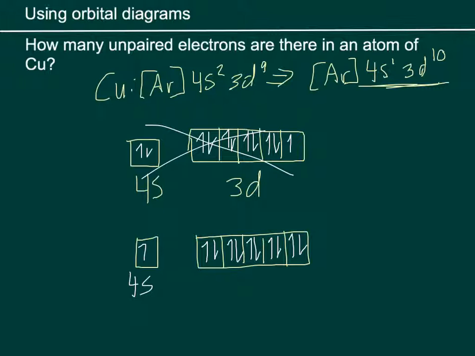All 5 suborbitals of this 3d are filled, and therefore how many unpaired electrons are there in an atom of copper? In this case there's just one. The answer would be the same for either one, but the top one is an incorrect drawing of the orbital diagram.